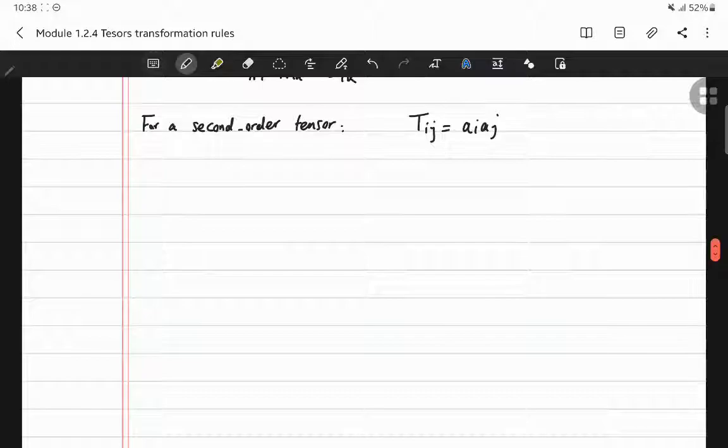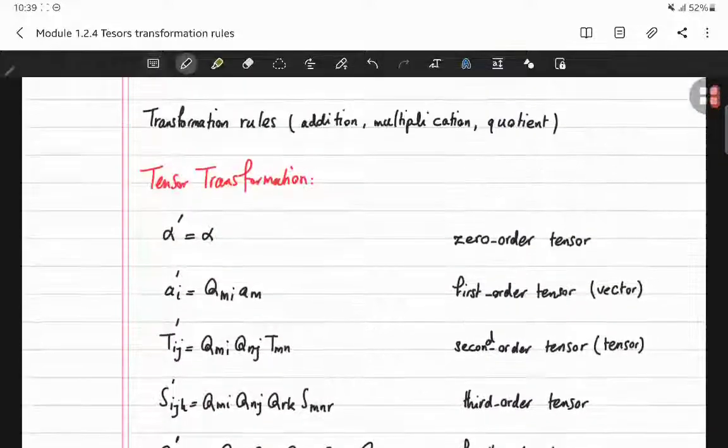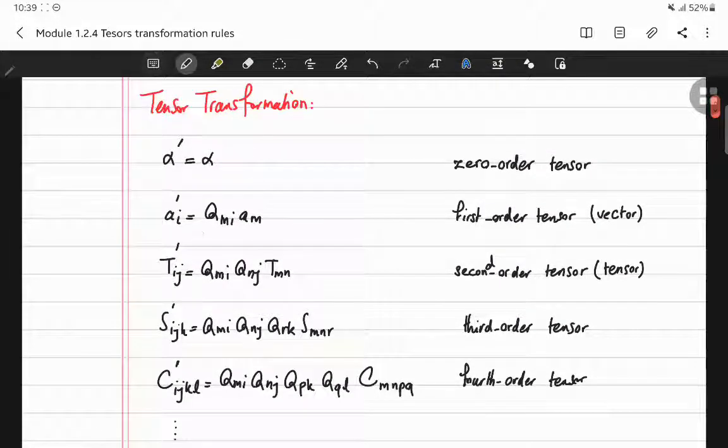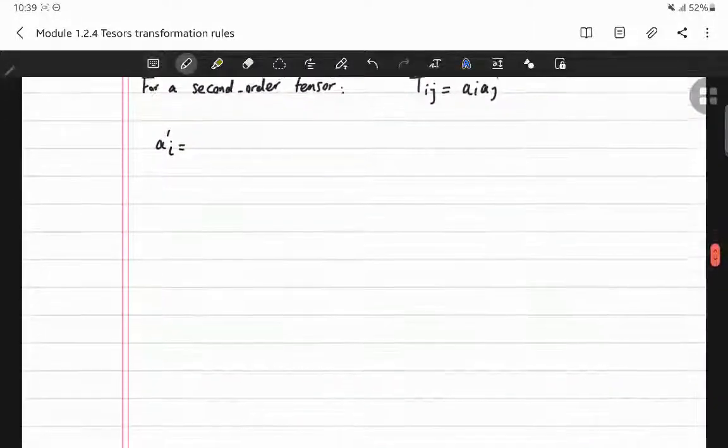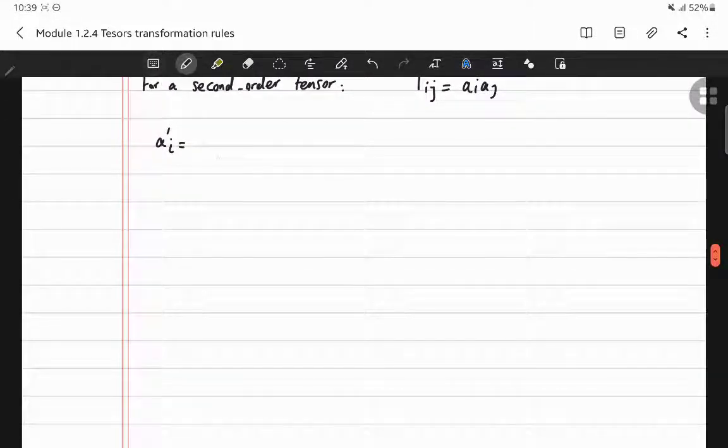Okay. So here we know that if we have A prime i, we can write it from the first order tensor rule as Q_mi A_m. I call it 1.